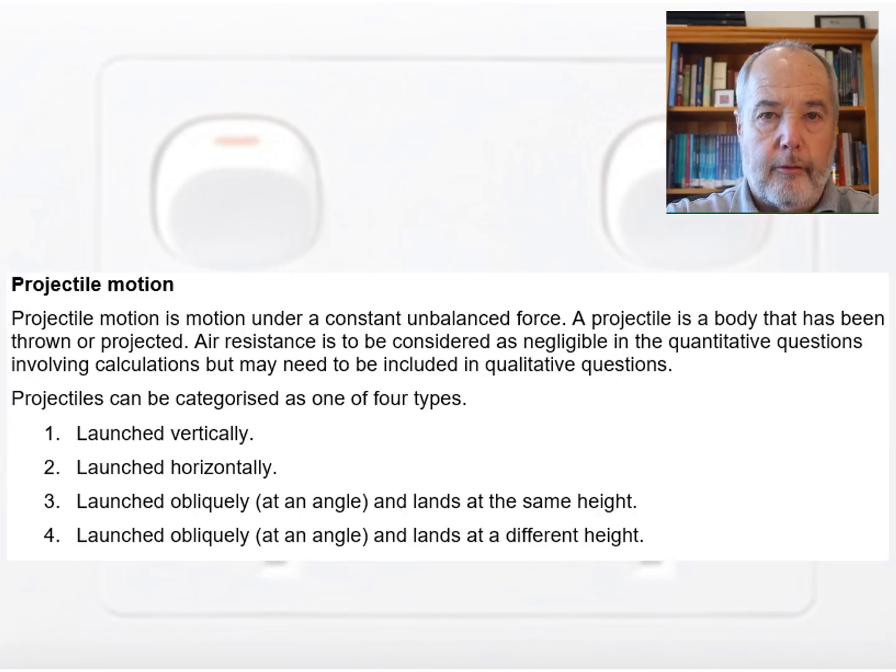The solution process depends on how the projectile was launched. So we will consider 4 different types: when it is launched vertically, when it is launched horizontally, when it is launched obliquely and lands at the same height, or when it is launched obliquely and lands at a different height.